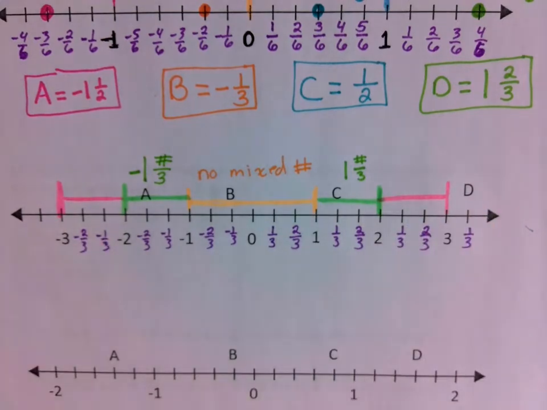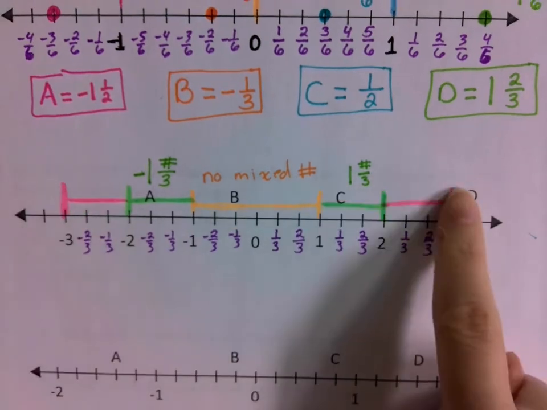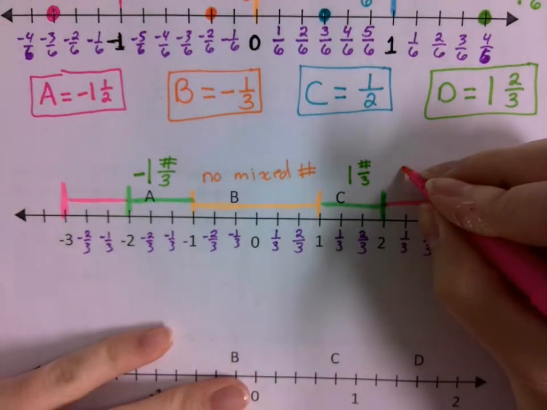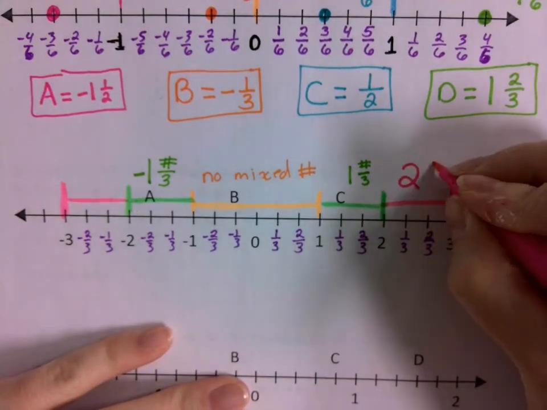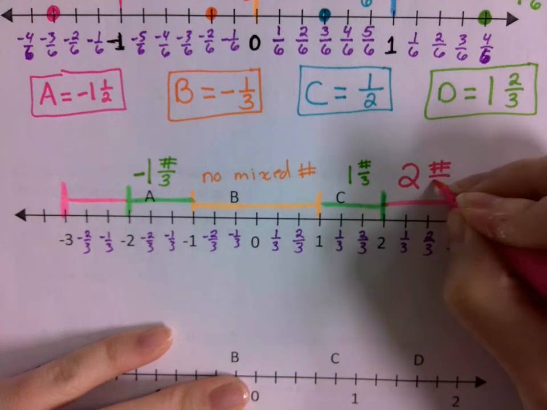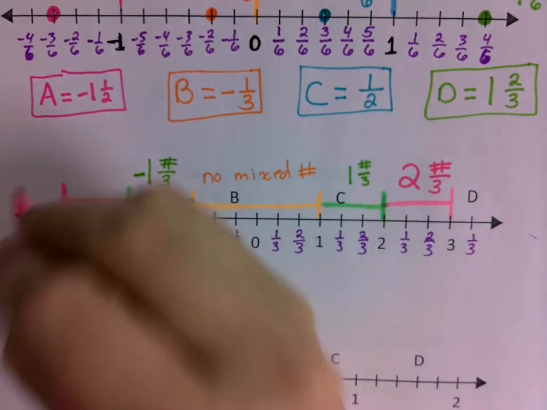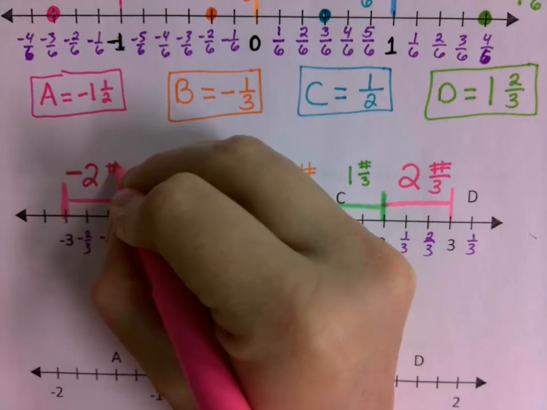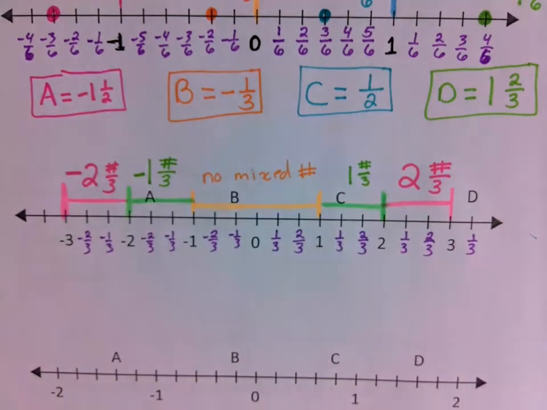A -2 over here and a +2 on this side. So these ones are going to have a mixed number portion of 2 and then some number over 3. This one's going to have it as a -2 and some number over 3. Okay?